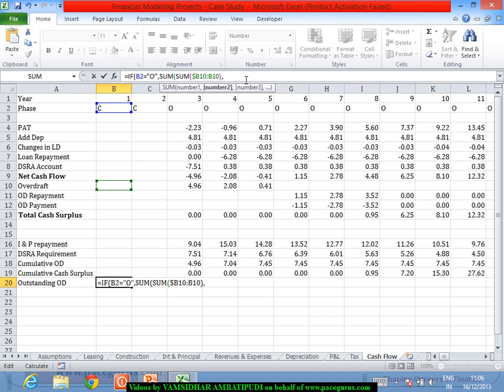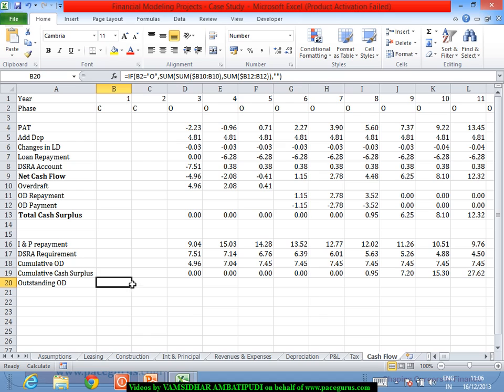So I am doing a summation of OD over that period as well as the OD repayments over that period. So I'm doing the summations of all those things, and let's see how it works out. Otherwise I'm replacing it with a blank.